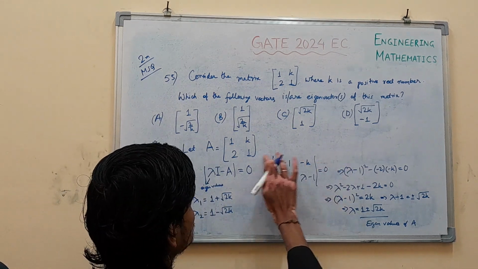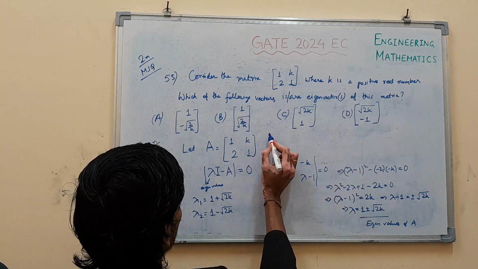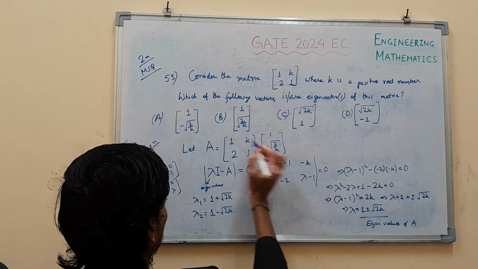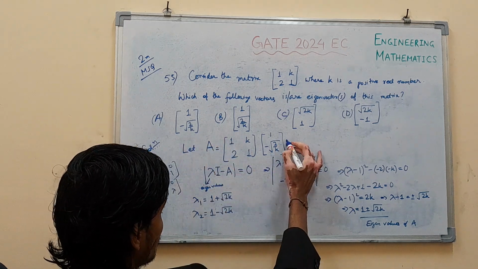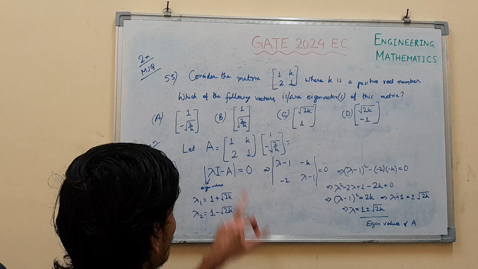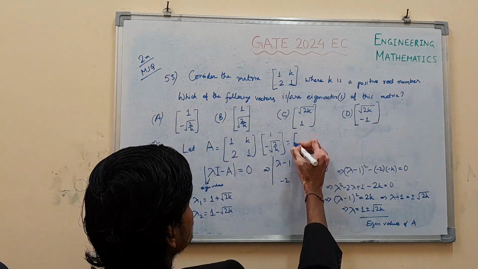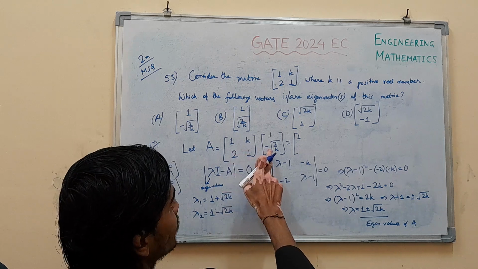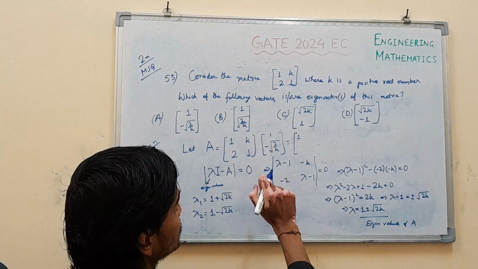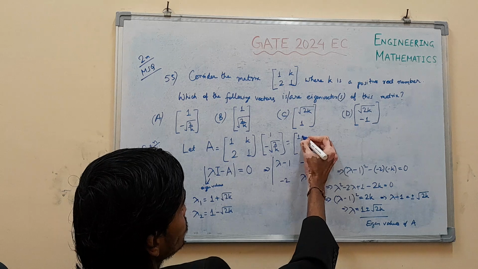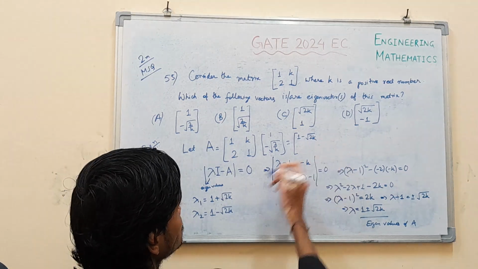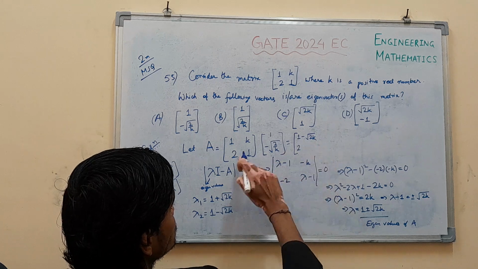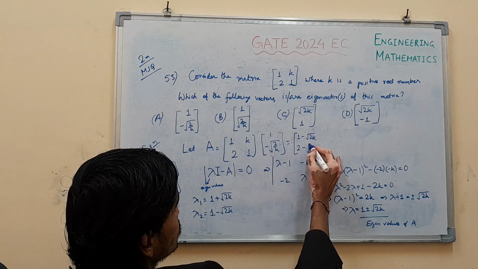So if we multiply this matrix with the vector [1, minus root of 2k], what we get? 1, and k into minus root of 2k is minus root of 2k. Right. Here we have to get 2 minus root of 2k.